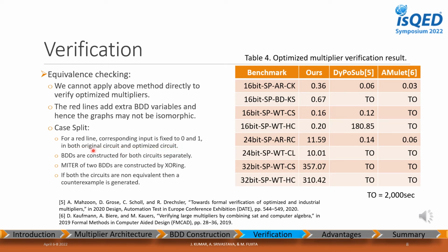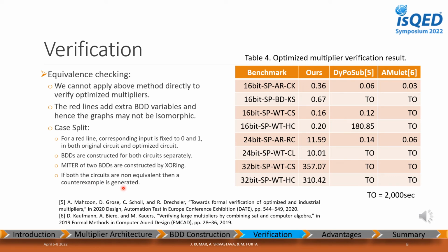Further, we construct BDDs for each case and then generate the miter BDD by performing an XOR operation between the two BDDs. The first BDD in the miter circuit is the BDD of the reference circuit and the second BDD is the BDD of the circuit under verification. Now we try to generate counterexamples which are not in the don't care set.